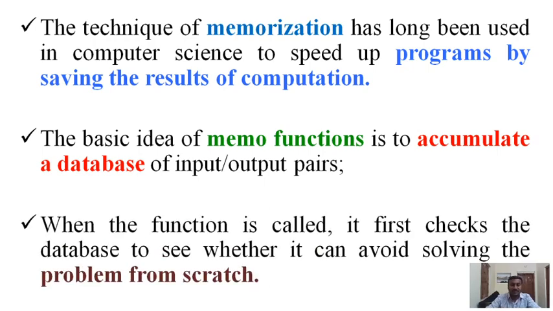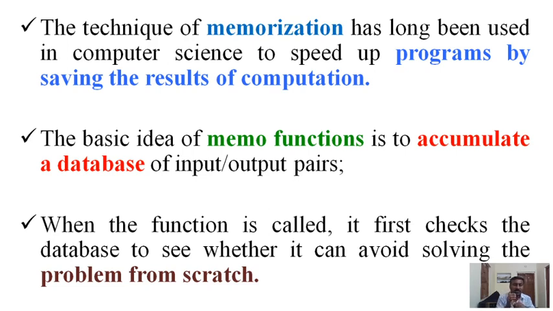So when the function is called, it first checks the database to see whether it can avoid solving the problem from scratch. If functions have already been executed, those results are saved in the database. Whenever the same type of function is called, it first checks the database.